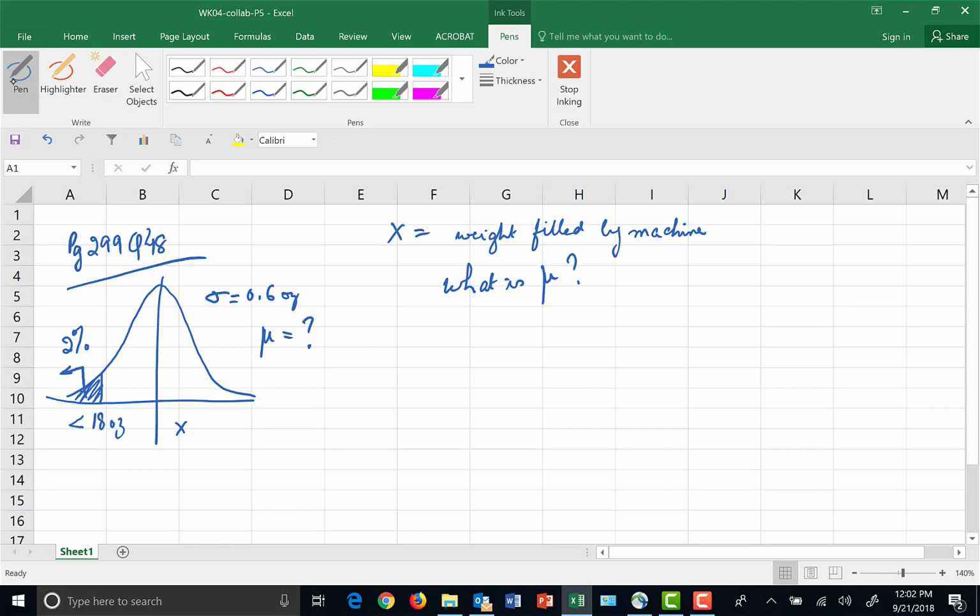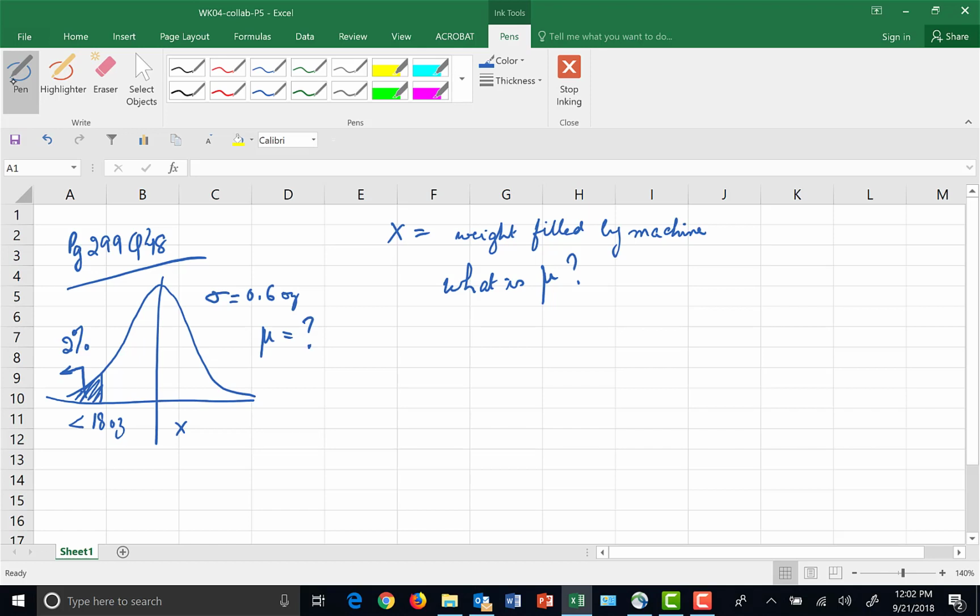So the information given to us is that we have this machine, it fills things by certain weight, and it's not perfect, the standard deviation of the weight that it fills is 0.6 ounce, and 2% of the bottles or the packets have 18 ounces or less. So what I've done is I've taken the narrative and I've just drawn it, put it on the normal distribution picture.